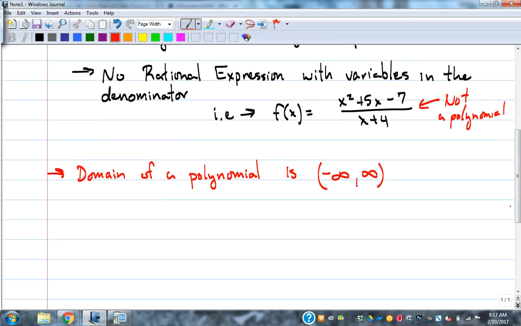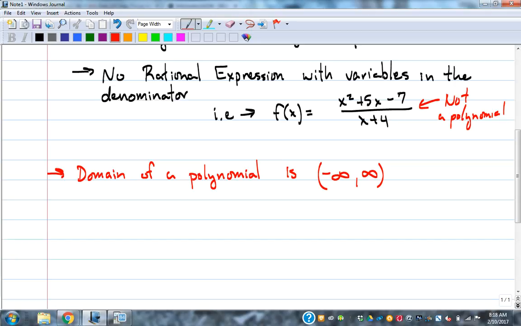Quadratics. Quadratics have the same domain from negative infinity to positive infinity. They don't have any red flags. They don't have square roots in them because you can't have a fraction exponent. They can't have variables in the denominator. Those are the only two red flags that could exist to change your domain. They don't have those. So the domain has to be all real numbers, or negative infinity to positive infinity.